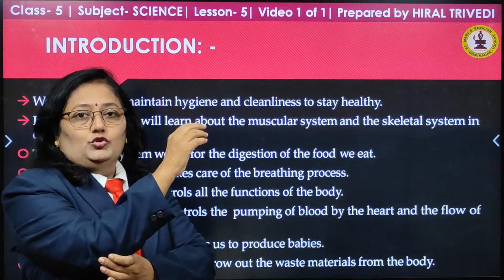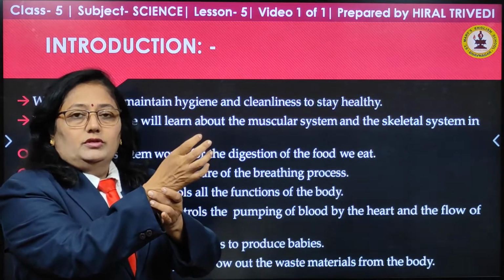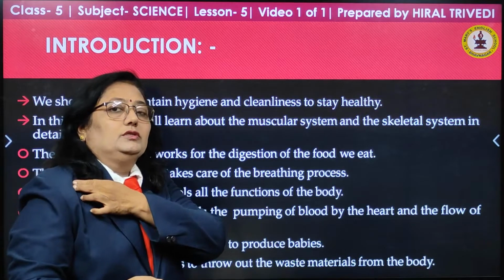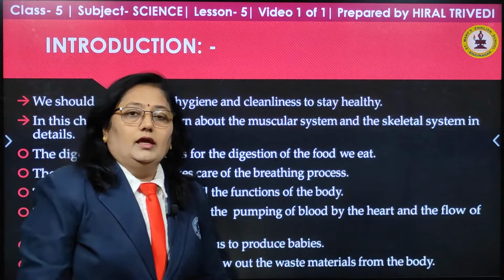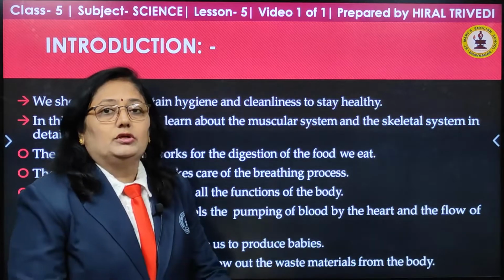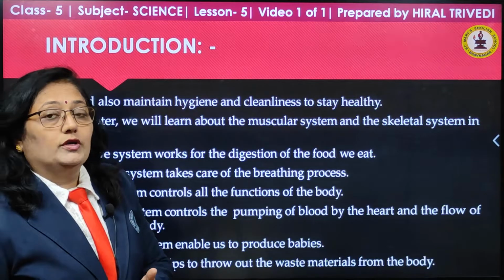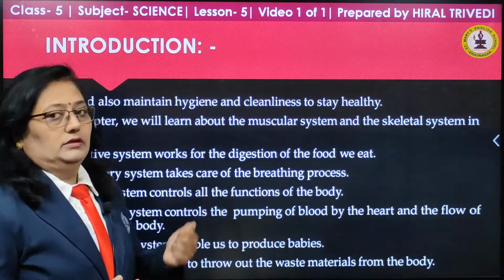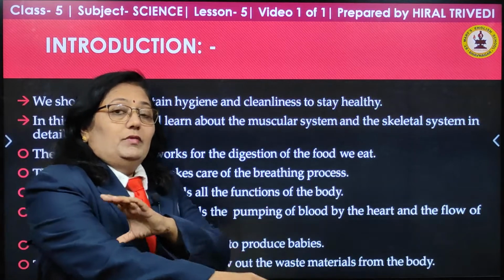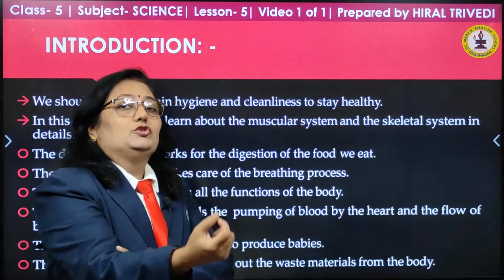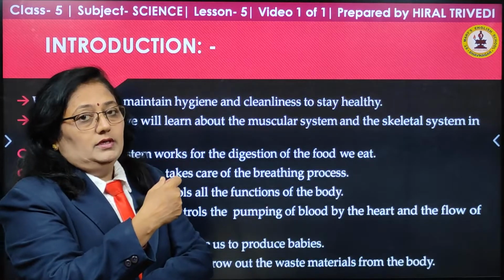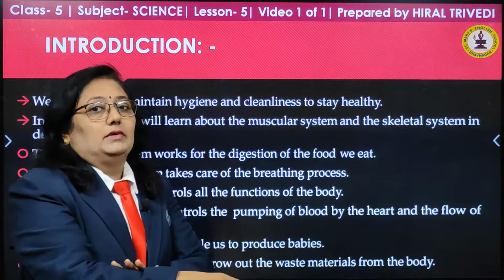We have the elbow joint, the wrist joint, the shoulder joint, the hip joint, the ankle joint, and the knee joint. Different types of joints and their functions we are going to learn in this chapter. But if muscles are there, then they allow it to move, with the joints and the muscles.